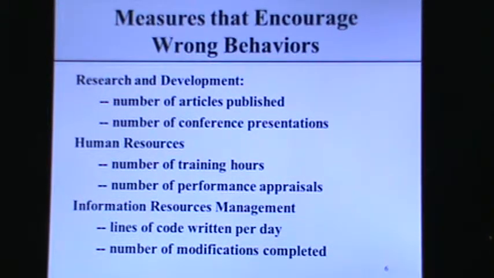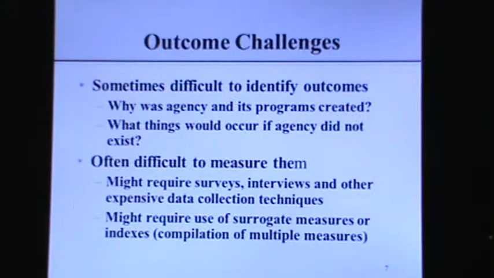It's just the number of articles, the number of conference presentations, and you can see all the way down here, anytime you're counting the number of things that occur in the organization, you're measuring things that really encourage the wrong behaviors. They don't encourage creativity. They encourage people to do a certain number of things and activities. So you can sort of see how that looks.